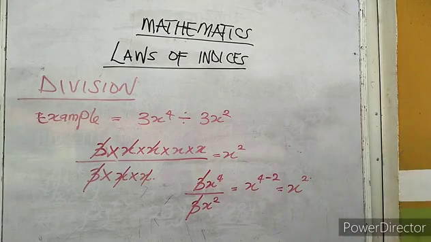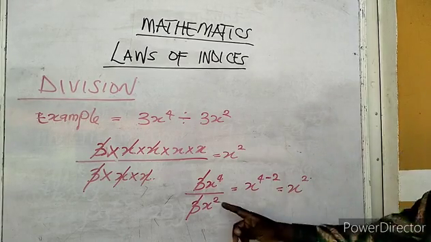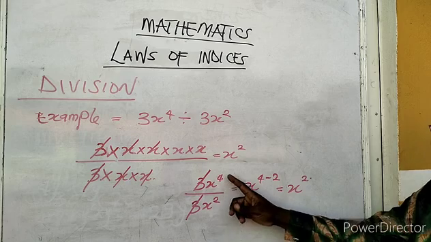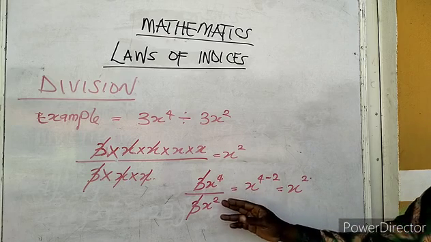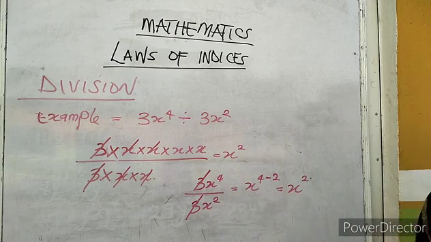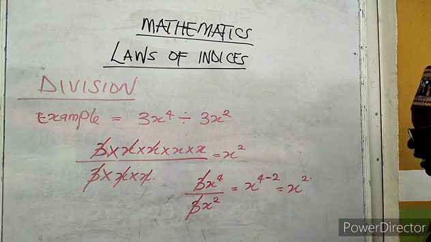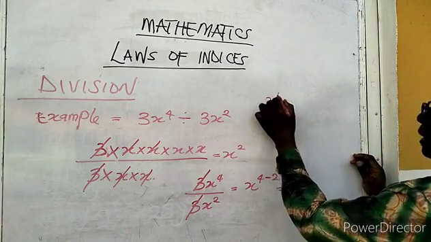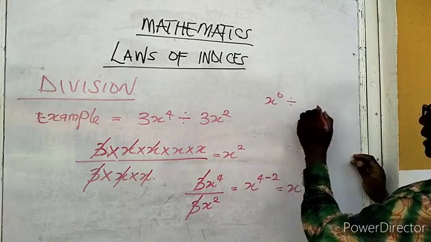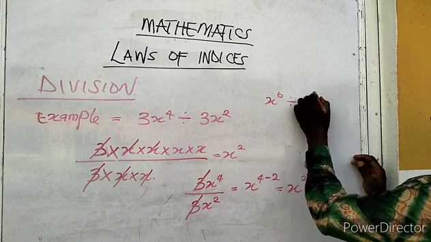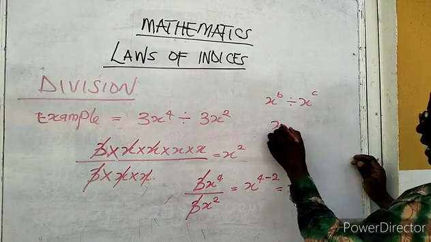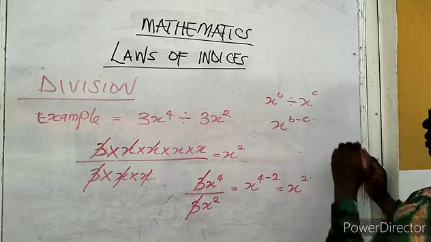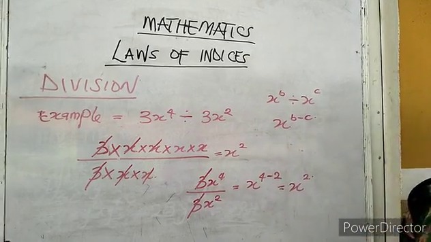So in other words, when you are dividing, it means the index, you can subtract the numbers from each other. Now, what are we saying? It means when you have x raised to the power of b divided by x raised to the power of c, I can now say x raised to the power of b minus c. Is that understood?